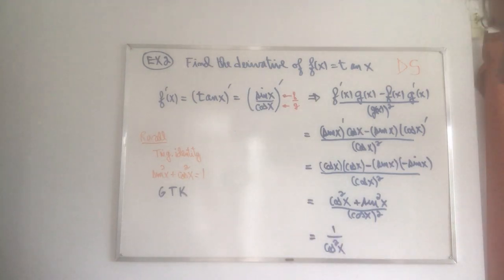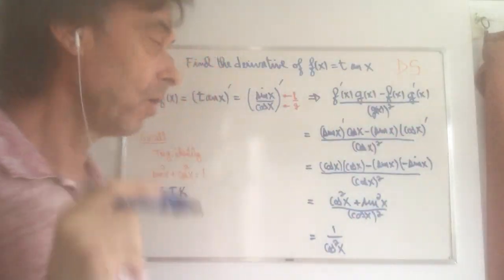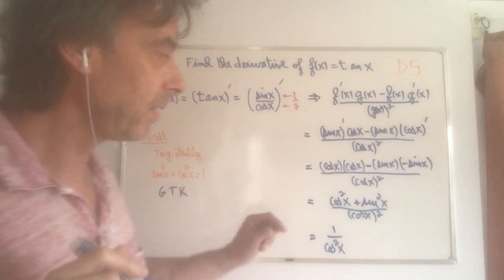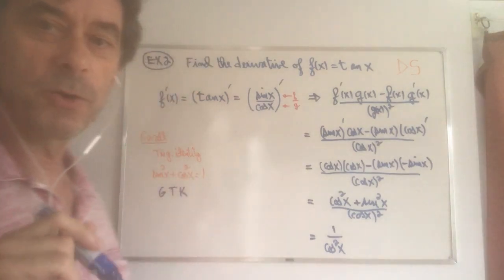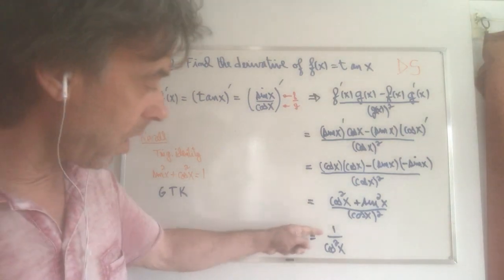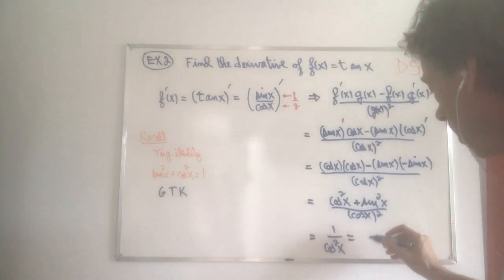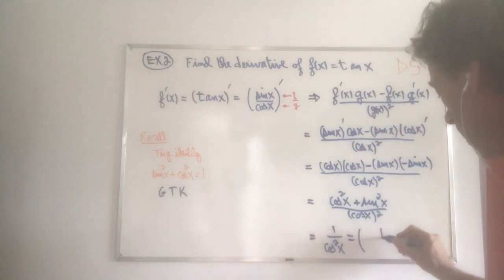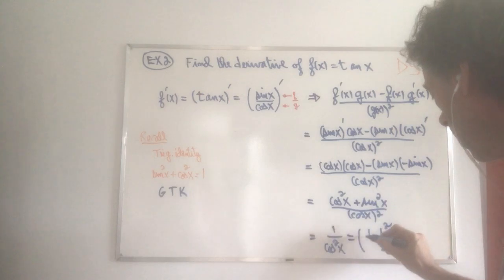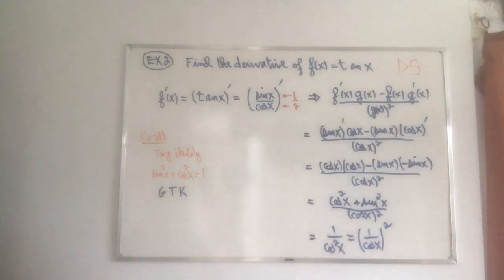Are we fully simplified? After all, this question actually said you need to simplify. Do simplify. Are we fully simplified? Well, what do you think? Can I do more? Well, I think we can do more. 1 over cosine squared may be written again as what? Like this. 1 over cosine with the square outside, isn't it?